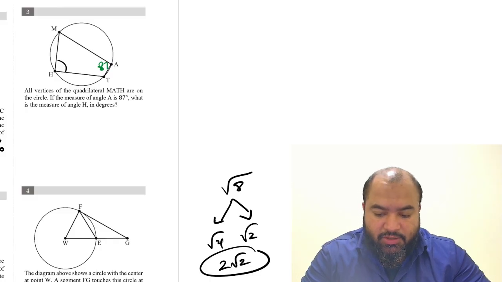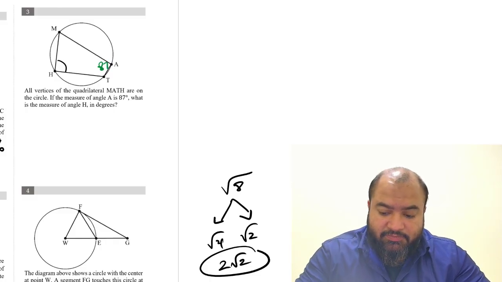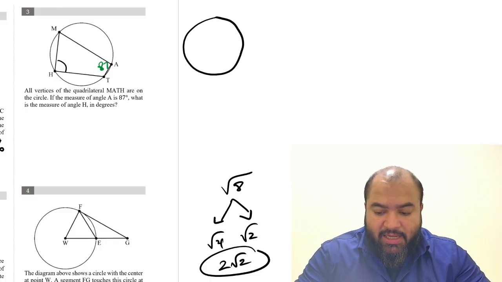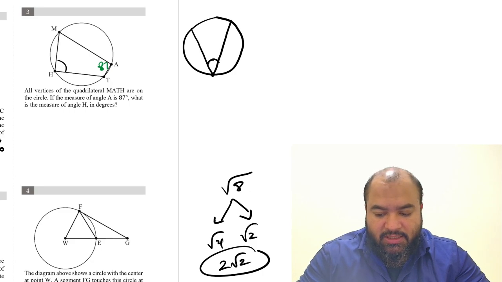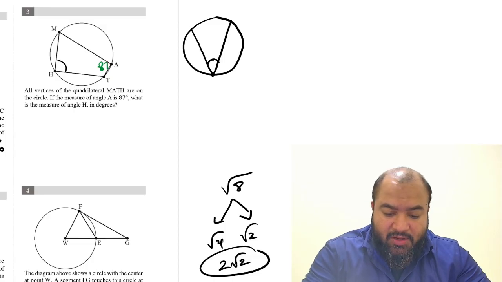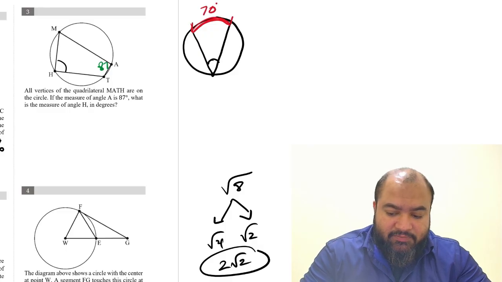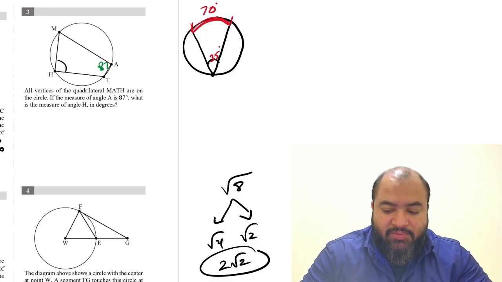Actually, what you can also do is take a look at this. First, you got to learn what an inscribed angle means. If I draw an angle here on the circle, at any point on the circle, it will be half of the related arc. So let's say this part here is 70 degrees. This angle would be 35 degrees, the half.